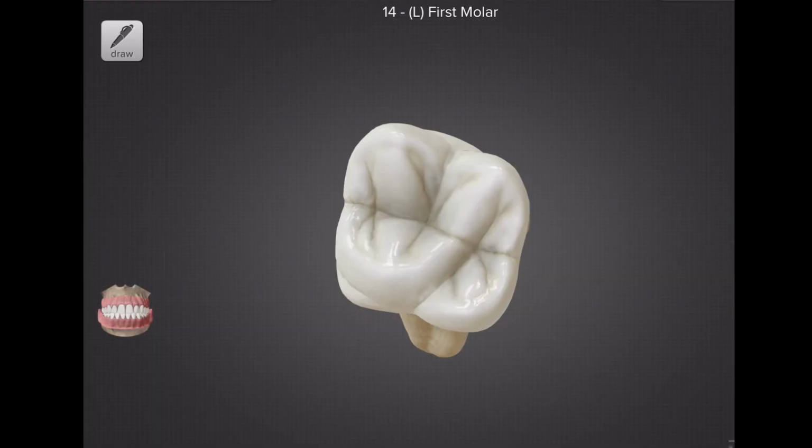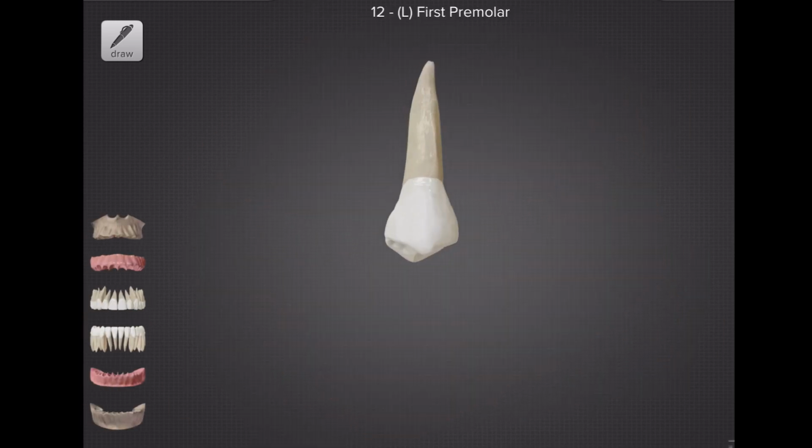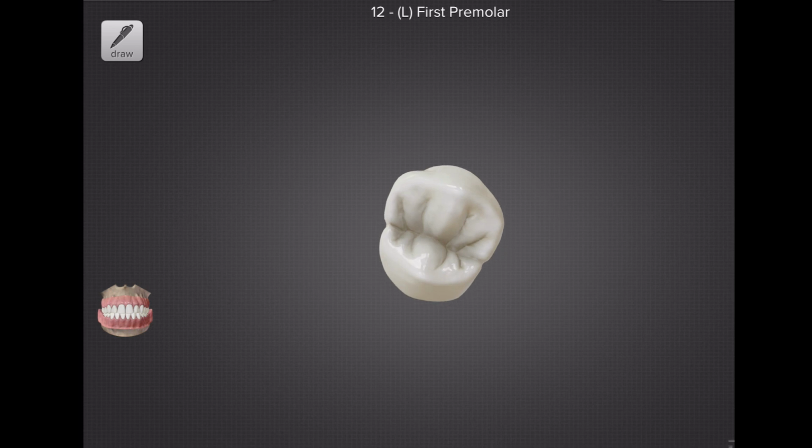According to shape, you have your triangular or occlusal ridge that descends from the cusp tip of the posterior teeth towards the central part of the occlusal surface.